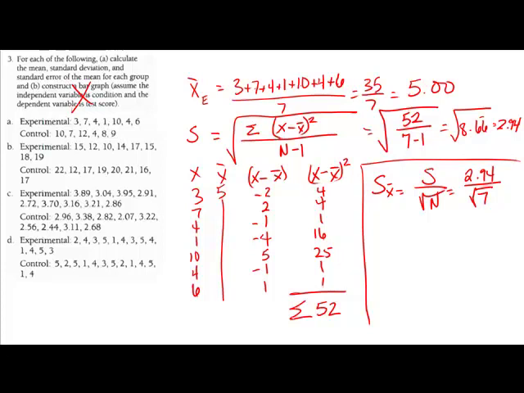Let's see, I'm just going to type that all into my calculator. 2.94 divided by the square root of 7. And my answer is 1.11. There we go. Simple math. Again, we've done this before. This shouldn't be that bad.